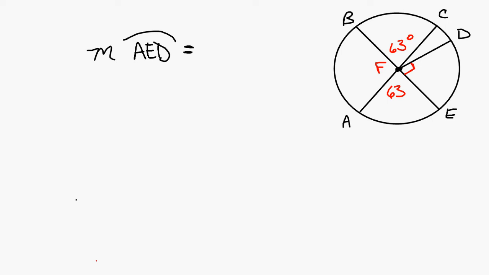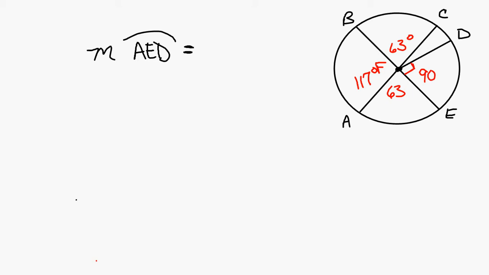Those two form a straight line, don't they? That makes them a linear pair, supplementary. So 180 minus 63 gives you this angle BFA. So 180 minus your 63 is 117 degrees. This angle right here is 90.